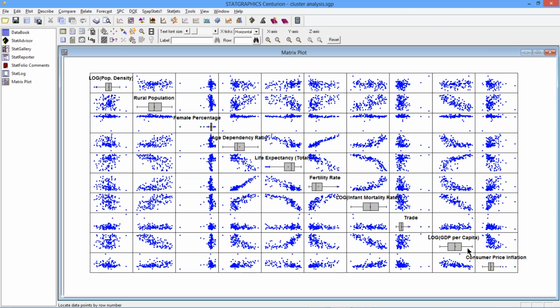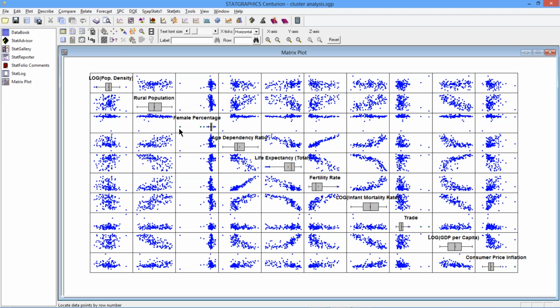It turns out there are order of magnitude differences in GDP per capita amongst the various countries. It's much more effective in terms of applying pretty much any multivariate technique if you try to make the distribution of a particular variable somewhat symmetric before you start.